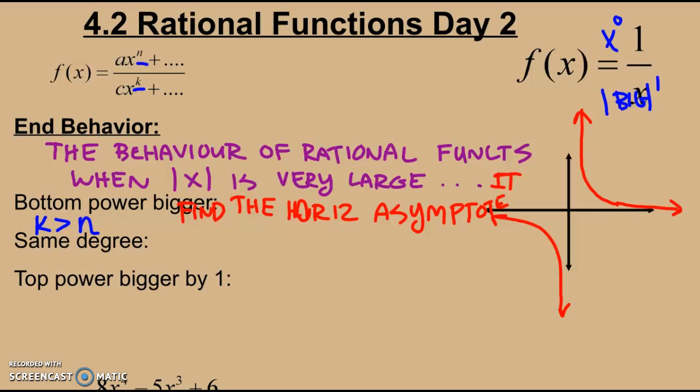So if the bottom power is bigger and k is greater than n, then y equals 0 is a horizontal asymptote. Okay, so y equals 0 is one of the asymptotes. That's what happens when the bottom degree is bigger. What if they have the same degree?